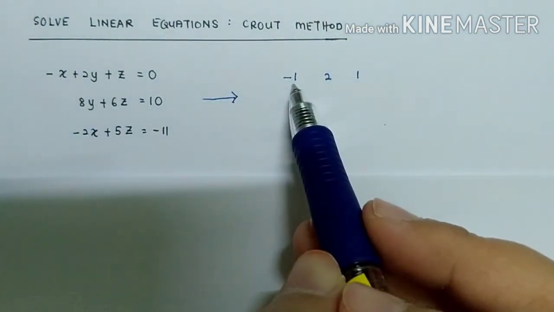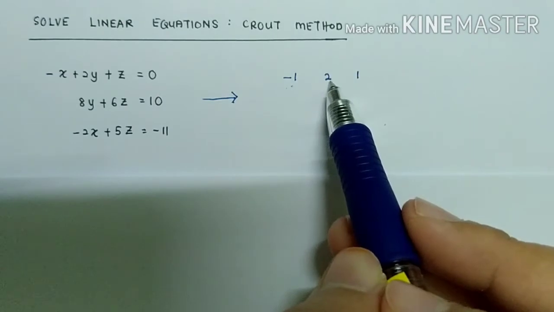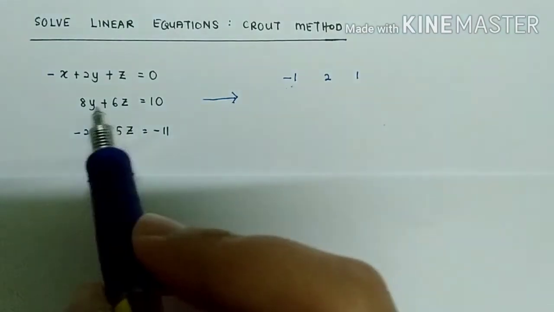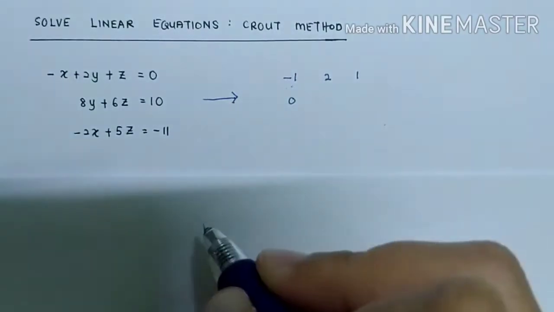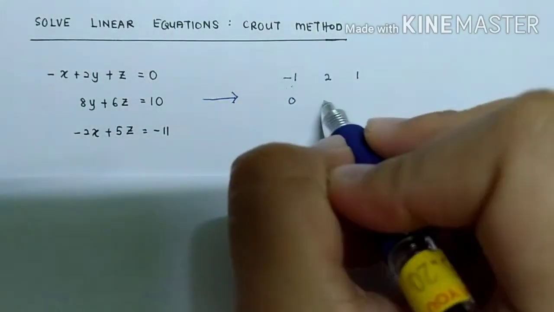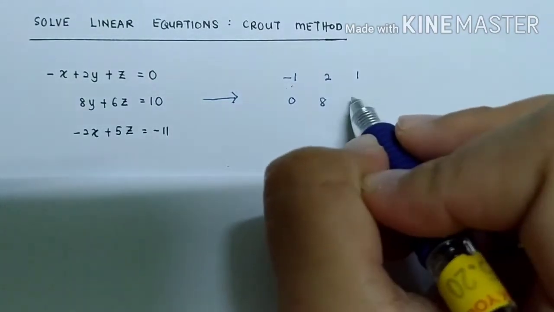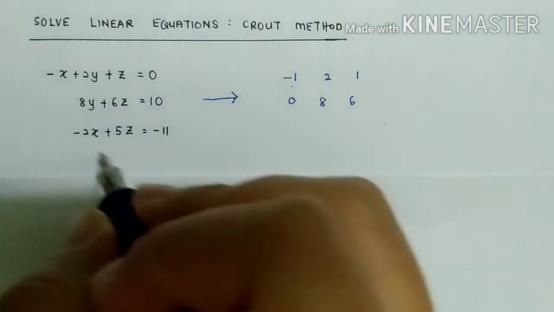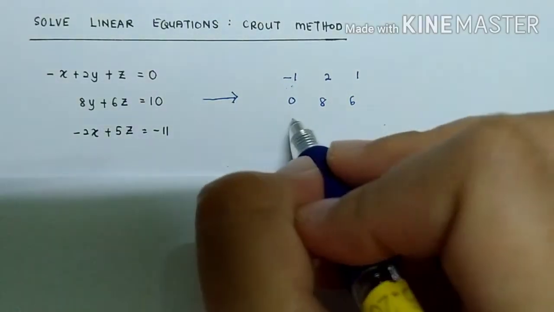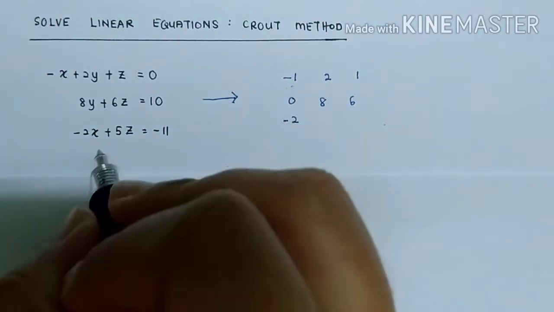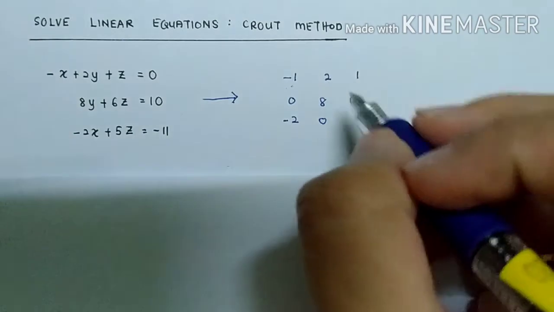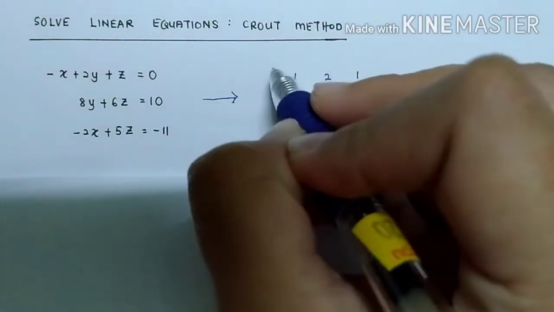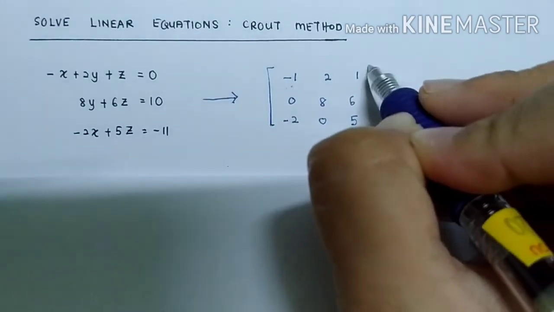This is for X, this is for Y, and this is for Z. For the second equation, we don't have the value of X, so 0 for X, and then 8Y and 6Z. And for the last equation, we have -2X, we don't have a value of Y, so 0, and plus 5Z. So this is our matrix A.